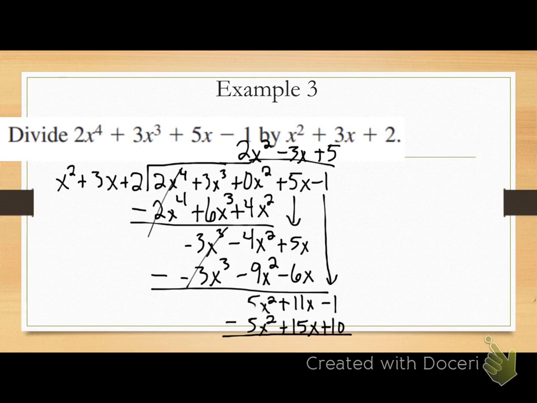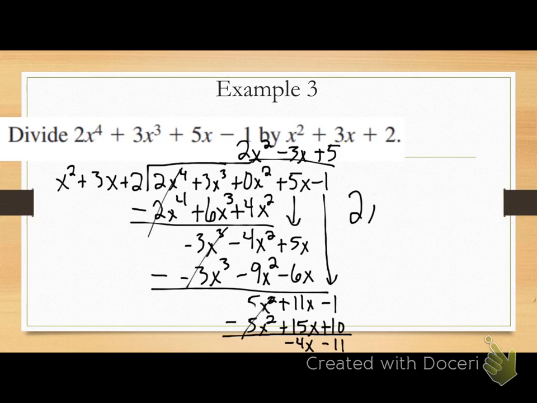Subtracting down here, I have negative 1 minus 10: negative 11. 11x minus 15x: negative 4x. The x squareds cancel out. Do I have anything else to bring down? No, so what's my remainder? Negative 4x minus 11.